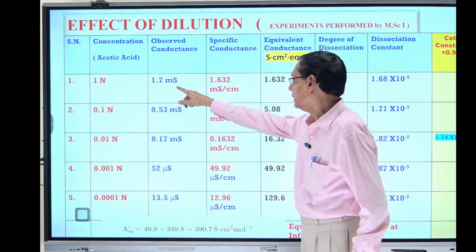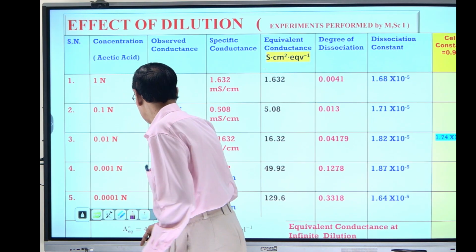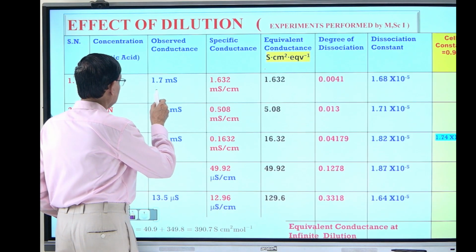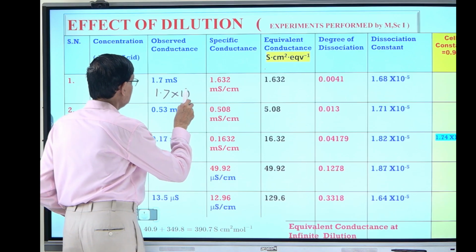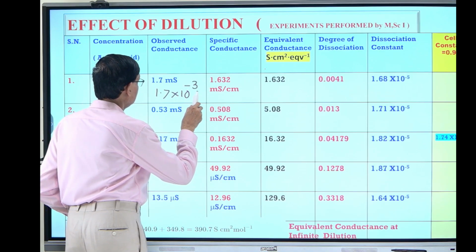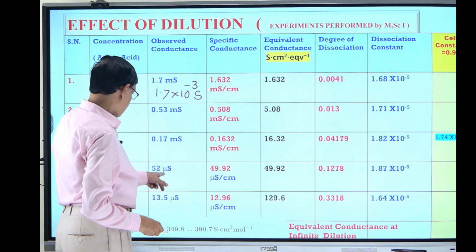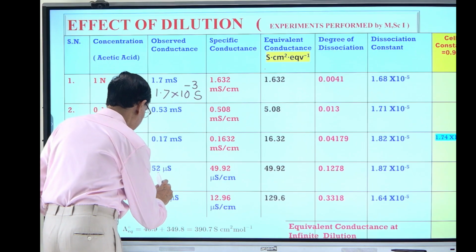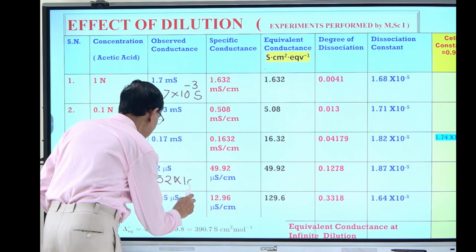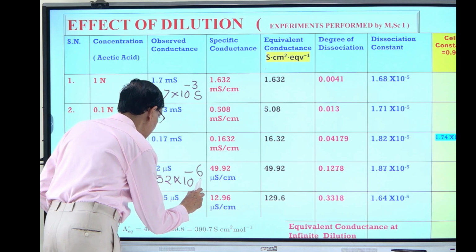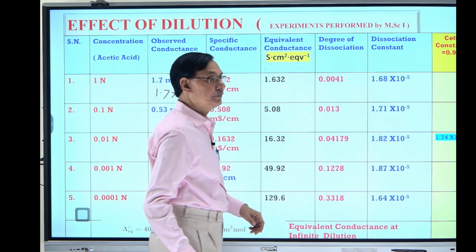I am sorry, it is millisiemens and it is microsiemens. Millisiemens means I can write like that, 1.7 into 10 to the power minus 3 per centimeter. And if it is micro, that means 52 into 10 to the power minus 6. But everywhere it is decreasing.